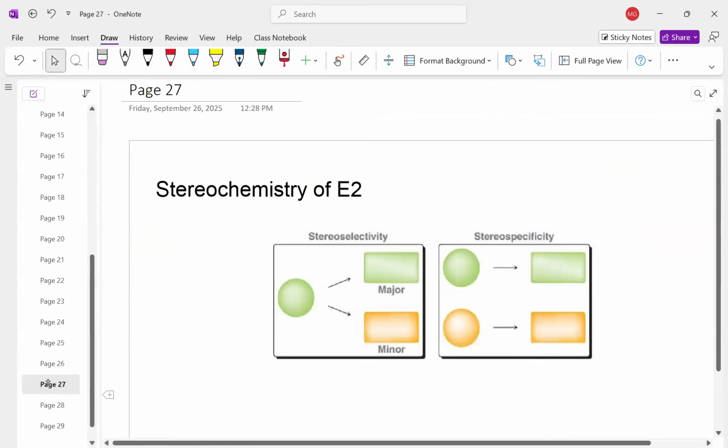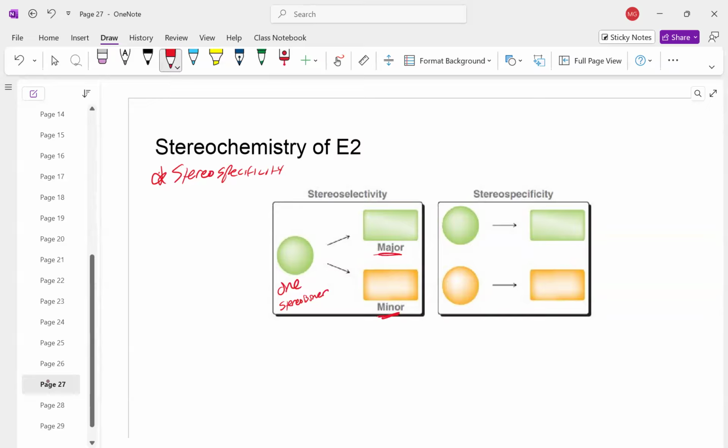So think of stereoselective as you start with one particular compound or stereoisomer, and out of that you get one stereoisomer over another, a preference for one stereoisomer over another one. That's stereoselective. Stereospecific is what we just did on this page here.